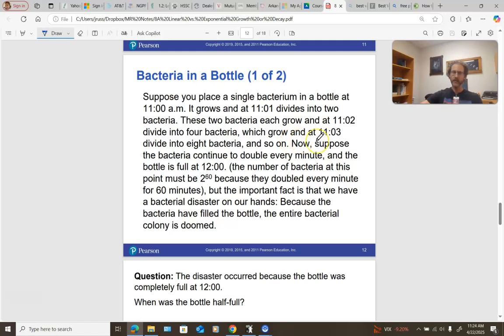So it says now, suppose the bacteria continue to double every minute, and the bottle is full at exactly 12 o'clock. So the number of bacteria at this point must be 2 to the 60th power. Why is this?